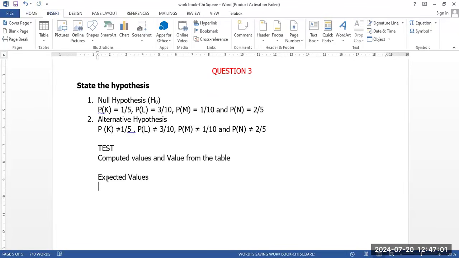How do you get expected values with this kind of question that has probabilities?